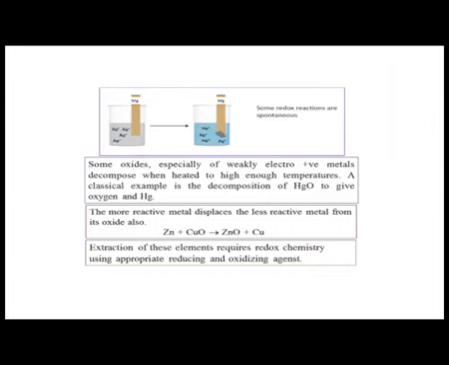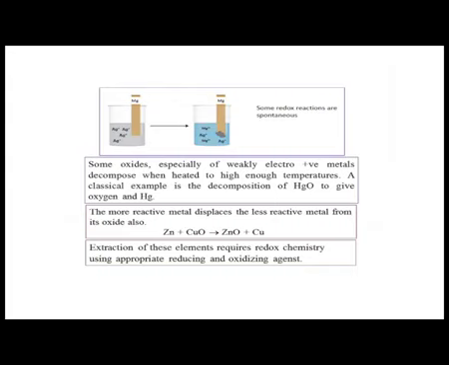If we take some amount of oxide, it has a direct correlation with the metallurgical process, where the hydroxides will ultimately give hydrated oxides, and those hydrated oxides can be treated with some reducing agent to give you the metal back. So, it is also very interesting to know whether these oxides can decompose at high temperature.